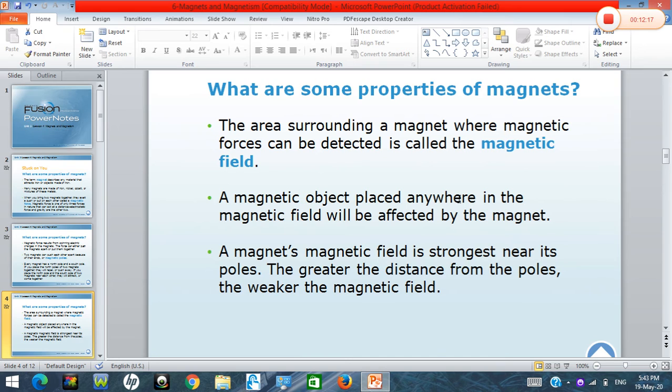So you can say that around the magnet there is an area. This area surrounds the magnet. In this area the force of the magnet appears, which means inside this area, very near to the magnet, the most powerful attraction of the magnet arises.